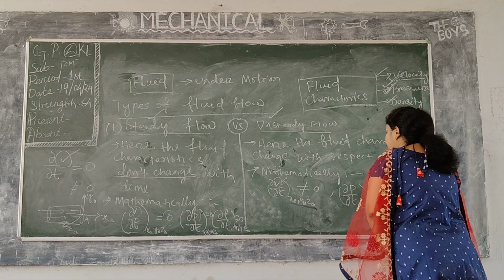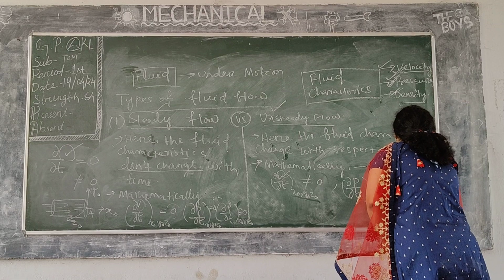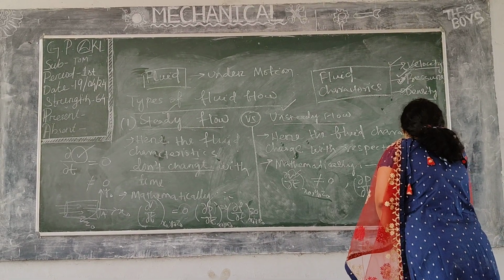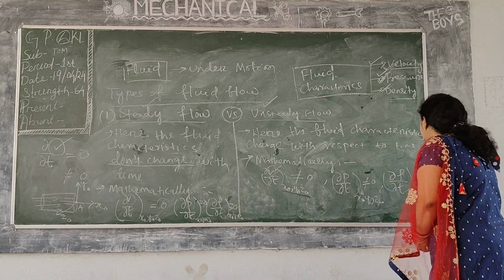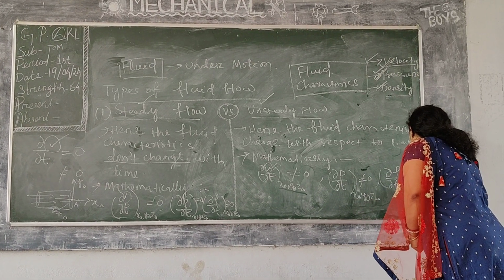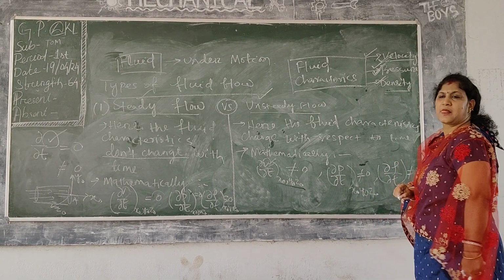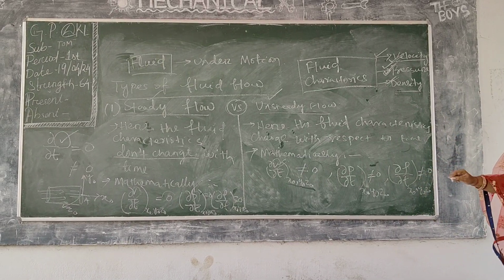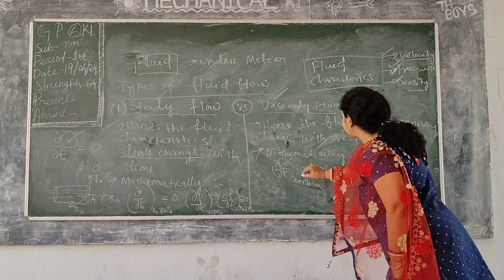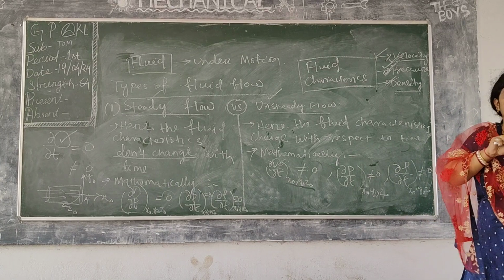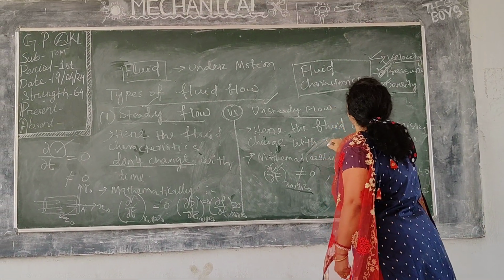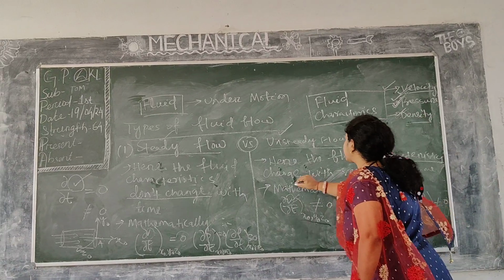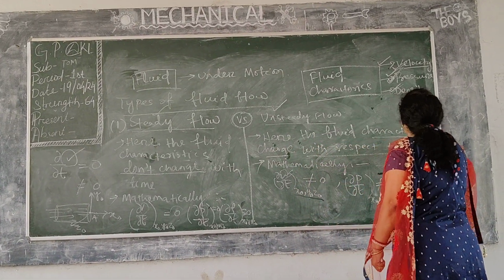Again, del rho by del t along all the three axes x0, y0, z0. Okay. So all the three characteristics here cannot be equal to 0. Why? Because here the characteristics change with respect to time.